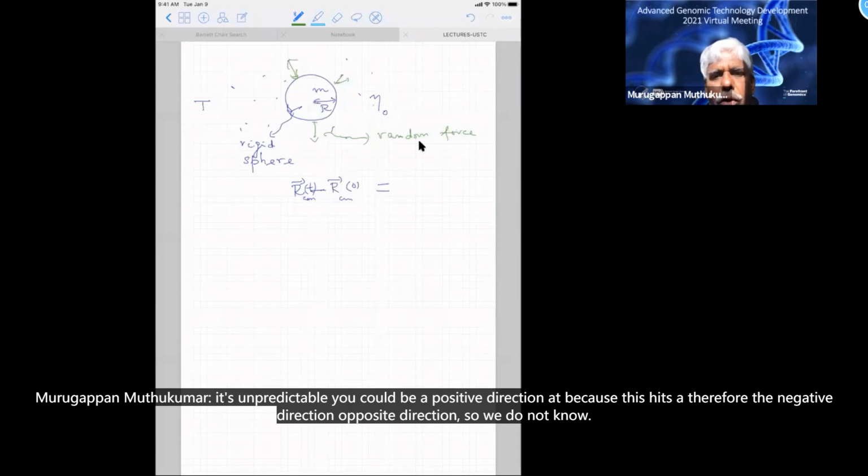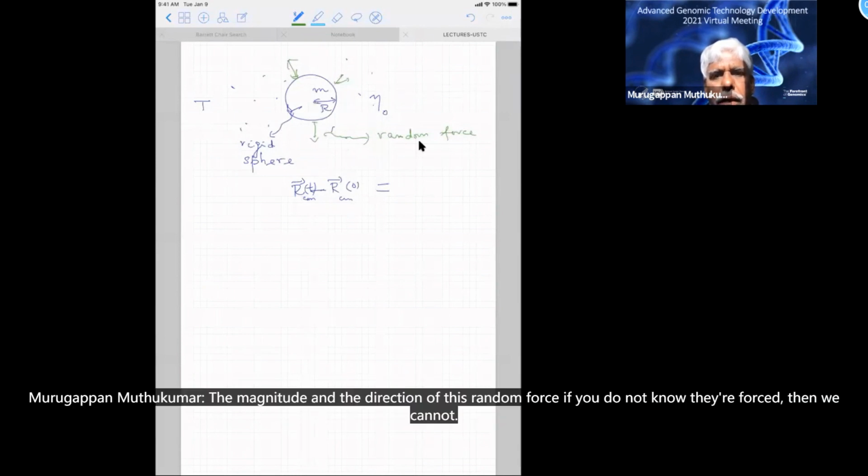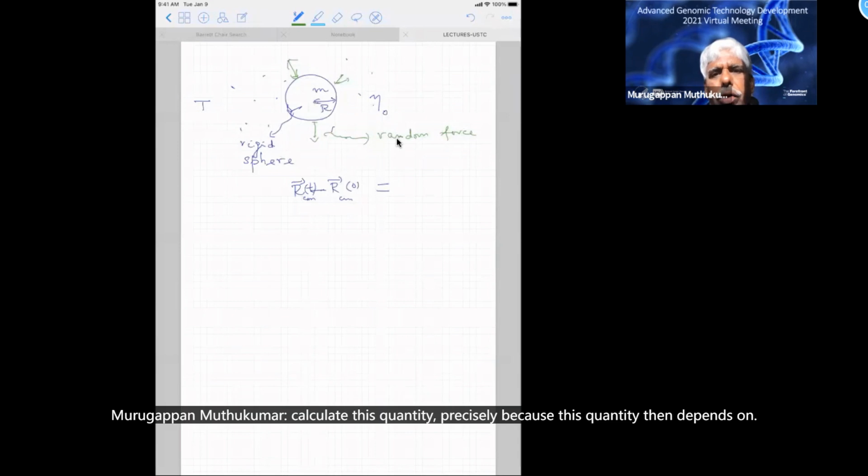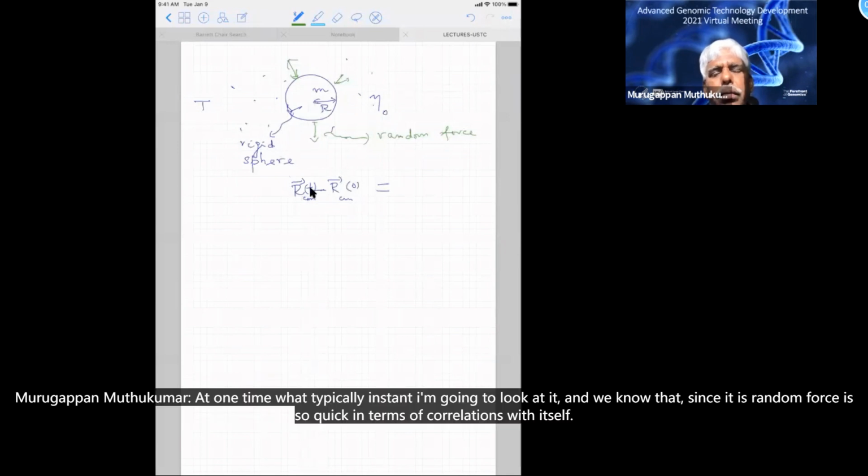So we do not know the magnitude and the direction of this random force. If we do not know that force, then we cannot calculate this quantity precisely, because this quantity then depends on what particular instant I'm going to look at.